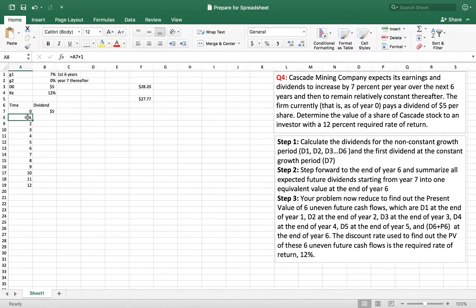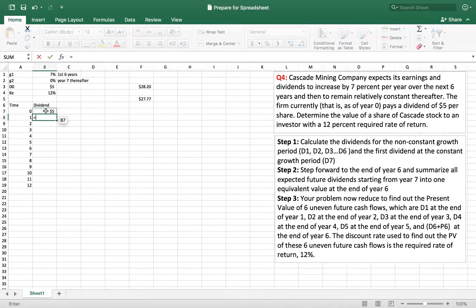To enter the formula into cell B8, I first type equal sign. Then the first term of the formula is the dividend at the previous period, which is D0, given in cell B7.